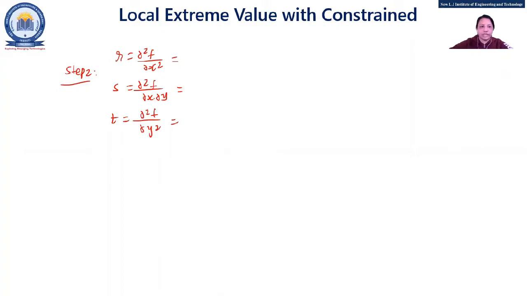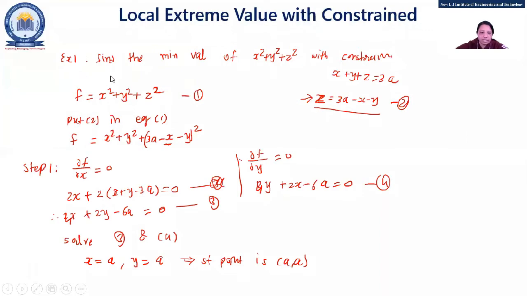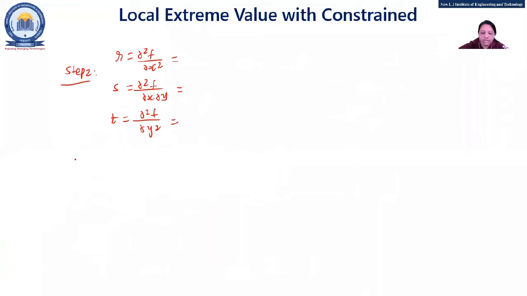Now from equation number 3, do the partial differentiation again with respect to x, because this is my del f by del x. With respect to x we get only this term, 4x, so R is 4.